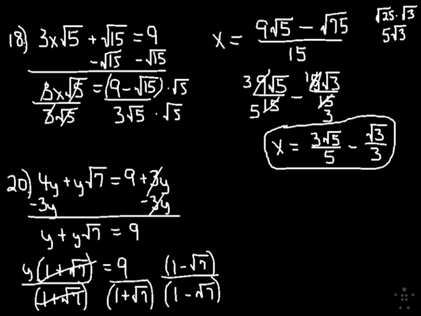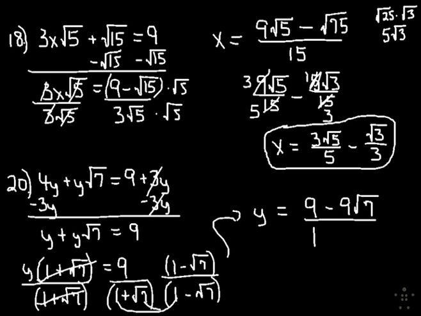And then you're going to have, going up here a little bit, y is equal to, now distribute, so 9 times 1 is 9, and 9 times minus square root of 7 is minus 9 square root of 7, all over, just have to do first and last, so 1 times 1 is 1, and the square root of 7 times negative square root of 7 is negative square root of 49, and so that is going to just be 7, so this is going to be minus 7.